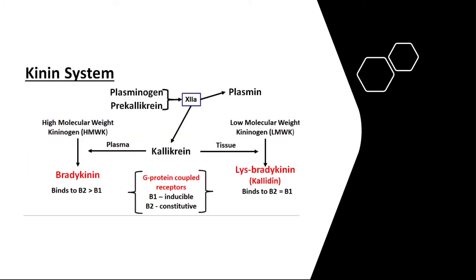Kinins are vasoactive peptides derived from plasma proteins called kininogens by the action of specific proteases called kallikreins. The enzyme kallikrein cleaves a plasma glycoprotein precursor, high molecular weight kininogen, to produce bradykinin.